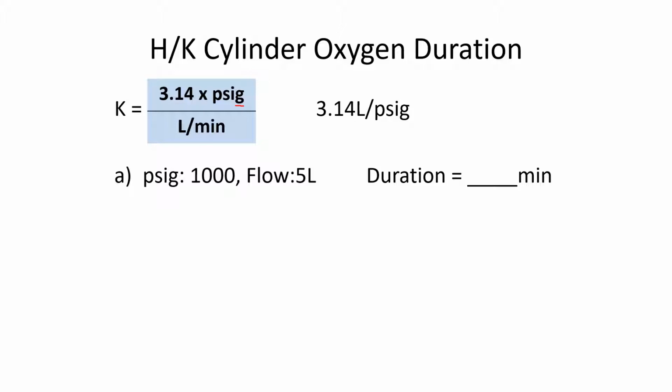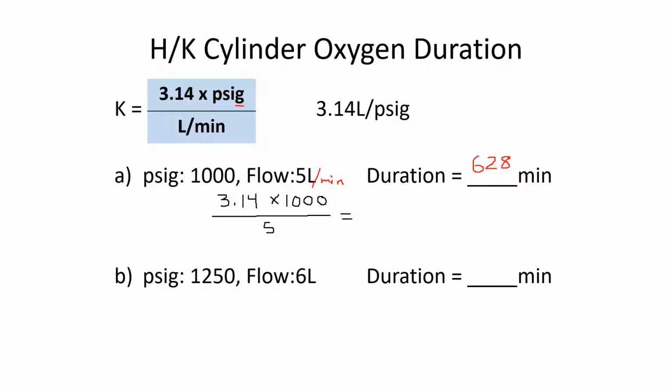So let's figure out how much is in the container and divide by the flow rate. So we have how many liters? 1,000 pounds per square inch multiplied by the conversion factor will give us liters, and we just divide that by the flow rate. So that gives us about 628 minutes.